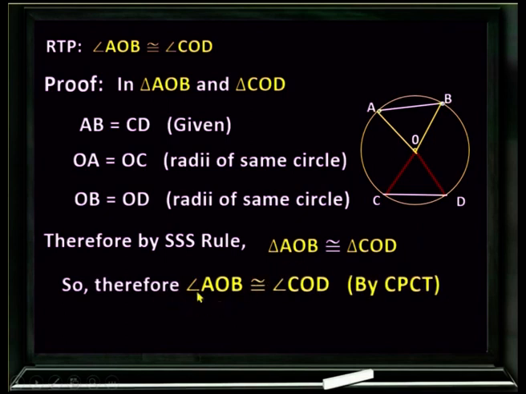Therefore angle AOB is equal to angle COD. If these two triangles are congruent, we can say by corresponding parts of congruent triangles that the angles are equal. So angle AOB is equal to COD.